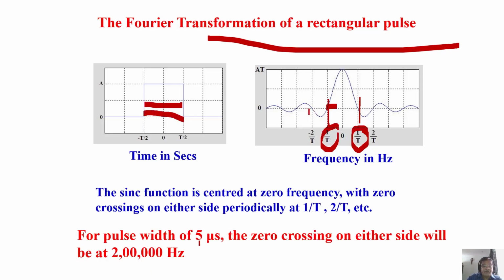For a pulse width of 5 microsecond, the zero crossings will come at 200 kilohertz, that is plus 100 and minus 100 kilohertz. You should avoid that. So you have to choose only this region. That is the intelligent way of choosing your spectral width.